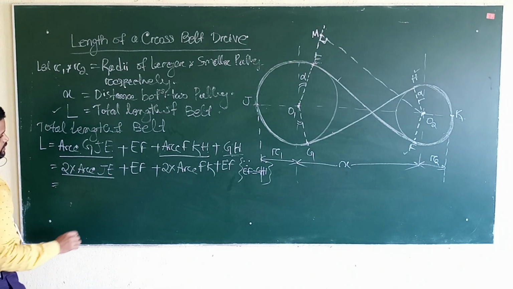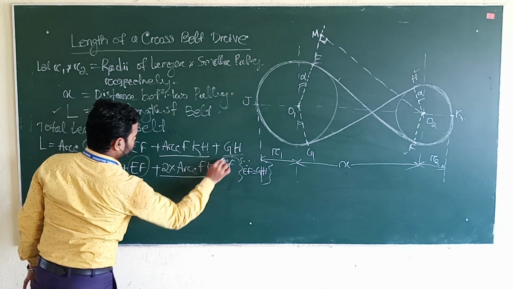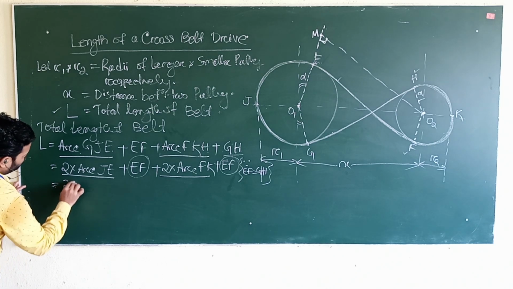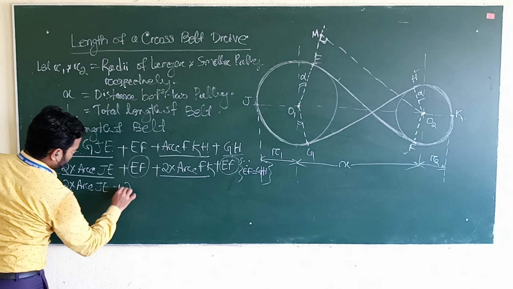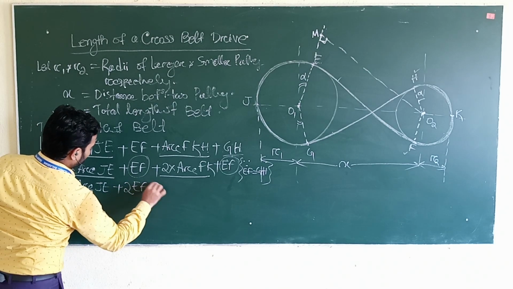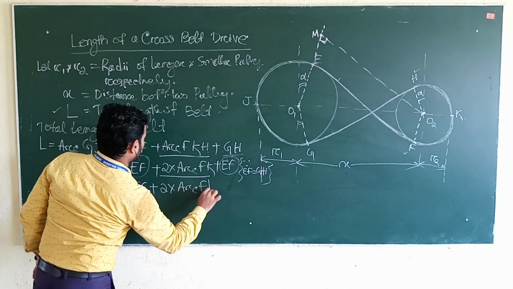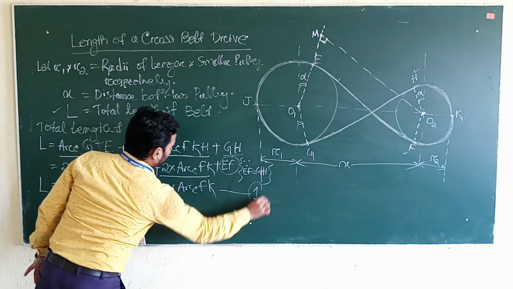Then we will see twice of arc JE, twice of arc FK, and here one EF and here also one EF. So that is twice of EF. So you can write twice of arc JE plus twice of EF plus twice of arc FK. This becomes your equation 1.